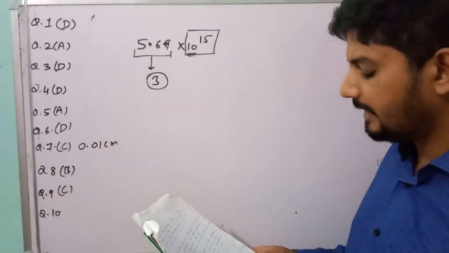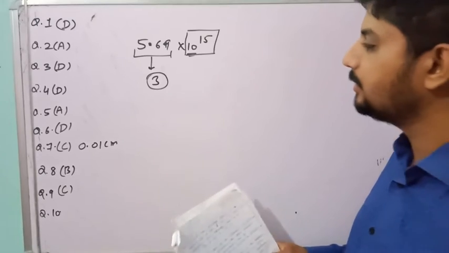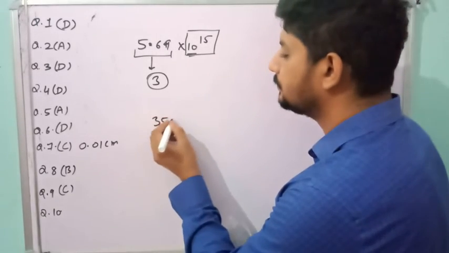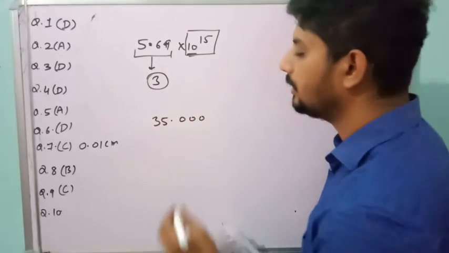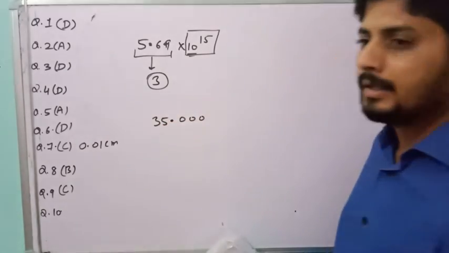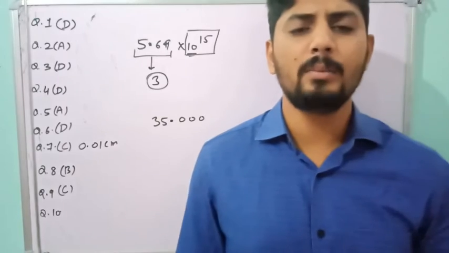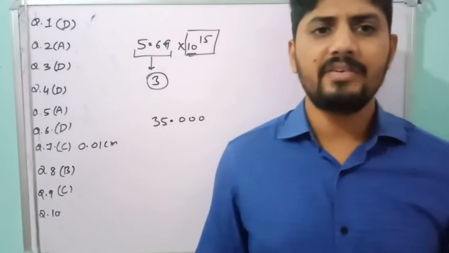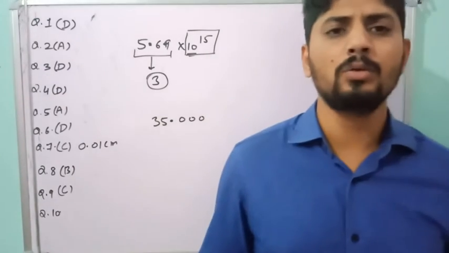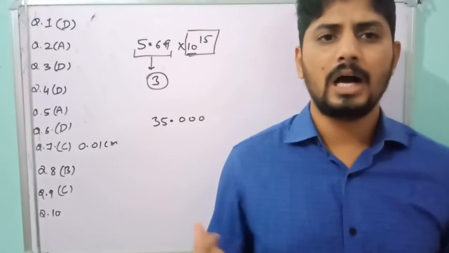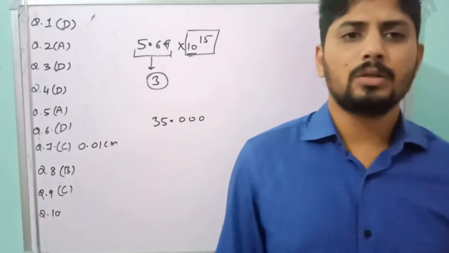The number of significant figures in 35.000. I told you two rules, rule number 4 and rule number 5, about trailing zeros.